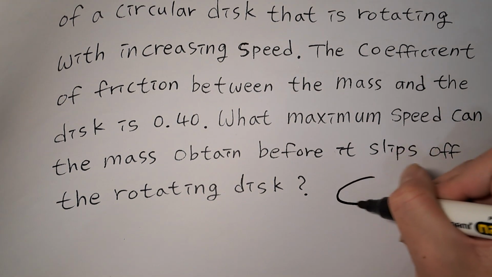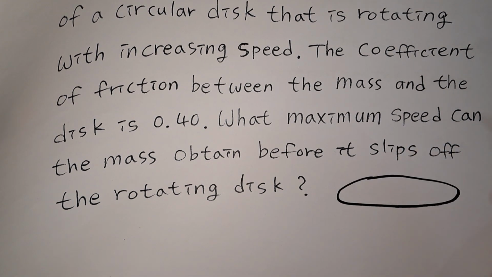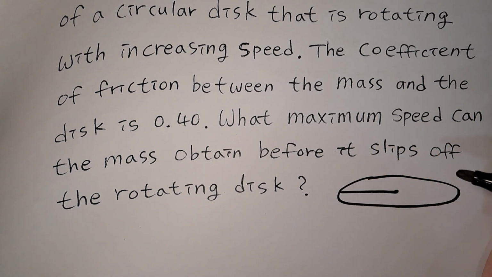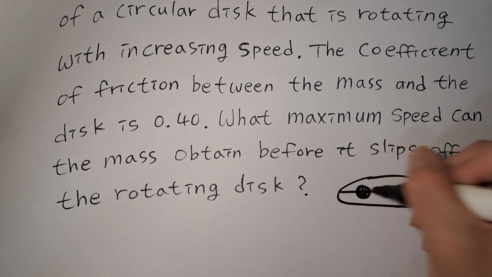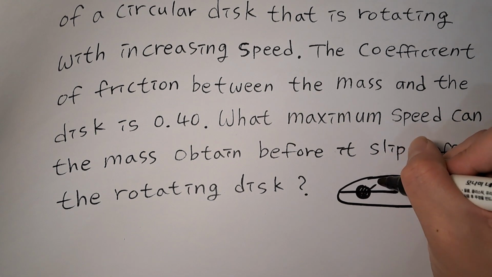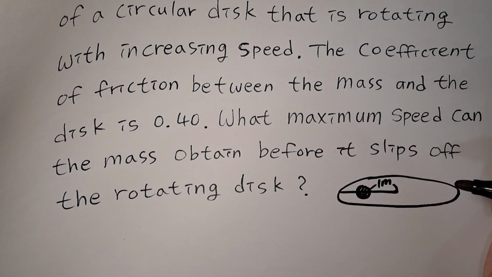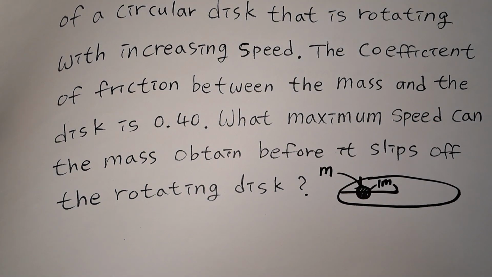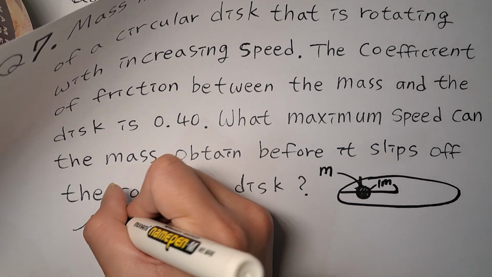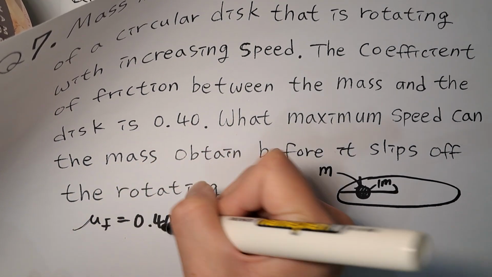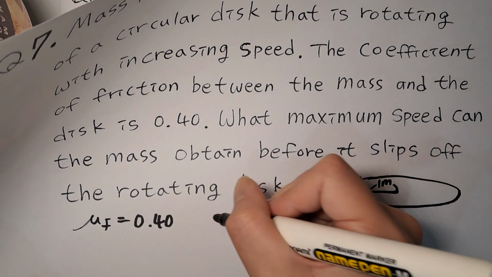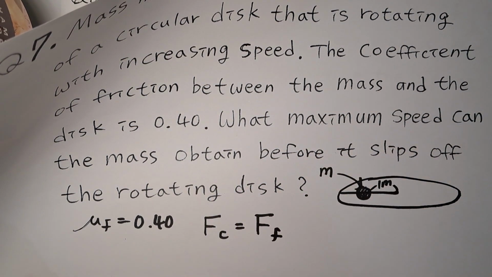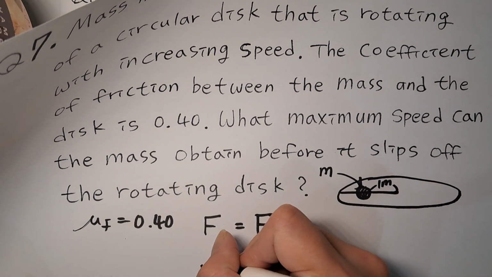So this is the rotating circular disk, and this is the radius, and we are going to put our object on this. So this is 1 meter. This is the object. So the friction force is this, and the centripetal force is going to be equal to the friction force.